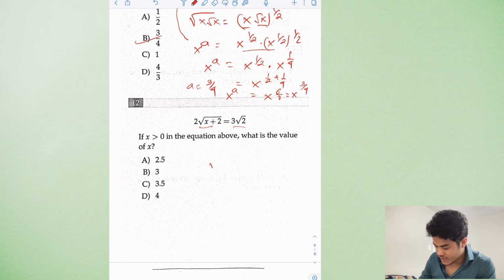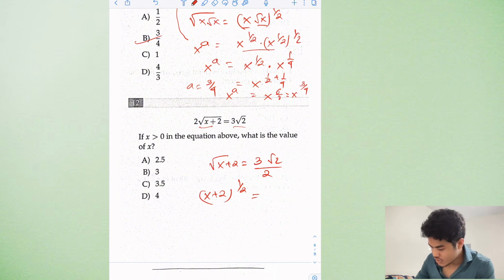We can modify this equation in this form: 3 root 2 over 2, and x plus 2 is raised to 1 over 2 in the exponent form, and 2 is nothing but root 2 multiplied by root 2.